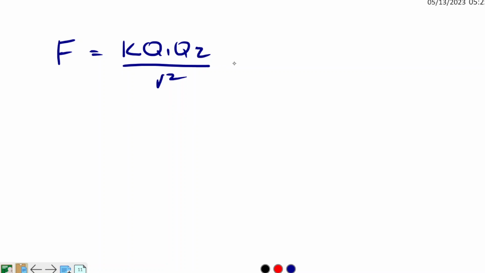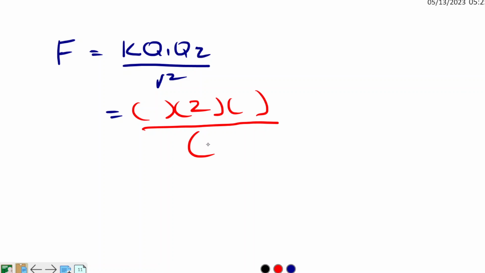Okay, let's look at this one. So the formula from Coulomb's law says F is equal to K Q1 times Q2 over R squared. They said that Q1 is doubled, so I'm going to put a 2 there, and the distance is doubled, so I'm going to put a 2 there.